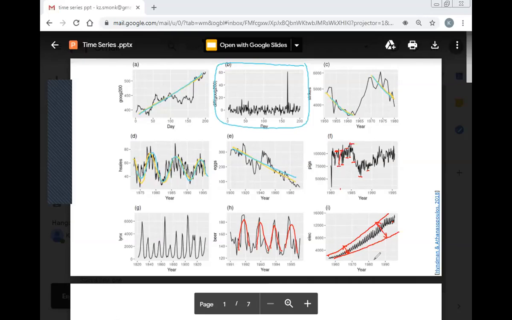So given any data set, the very first step is to plot the data and see how it looks. Because sometimes it could be as easy as looking at the data and just seeing that, okay, this is not stationary, so something needs to be done about this.